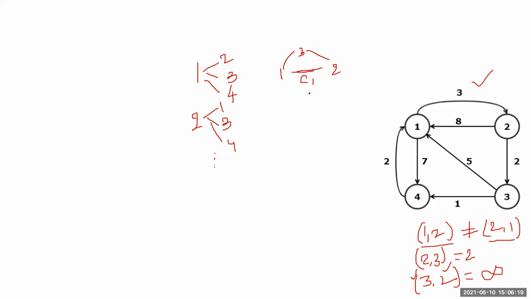Here the cost is cost 1, and here it is cost 2, and here cost 3, for example. The addition of cost 2 plus cost 3 is a lesser value than cost 1, where cost 1 is the cost of the 1 to 2 edge, whereas cost 2 is 1 to 3, and cost 3 is 3 to 2. If you add them together, this is the lesser value compared to the direct one, so we would like to select this path instead of going directly from 1 to 2.